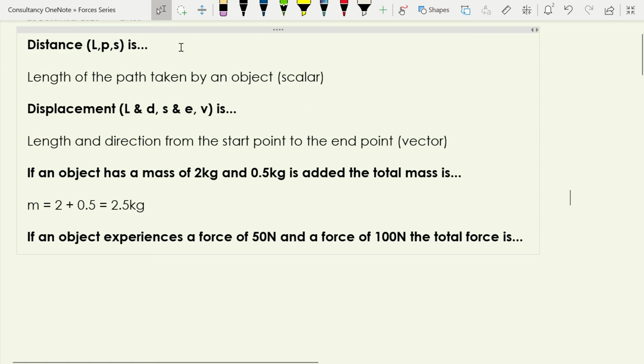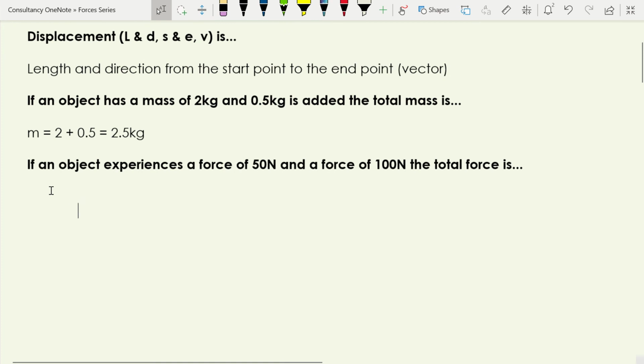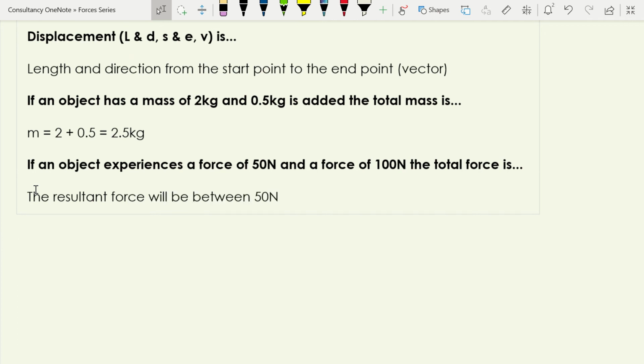For this force one, it actually depends on the scenario, so we can't give a definitive answer. The resultant force, or overall force, will be between 50 newtons, which is the smallest it can be, and 150 newtons, which is the biggest, but it could be in any direction.